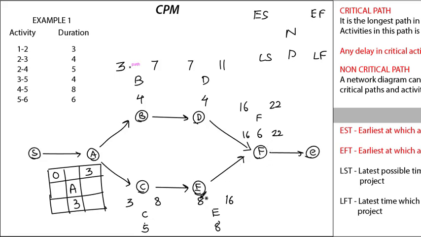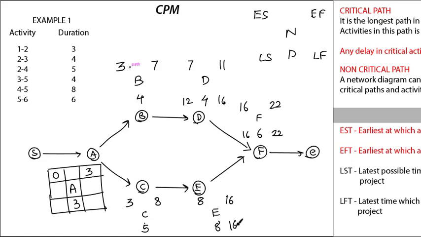Similarly coming back towards D and E, try to figure it out by yourself. The latest finish for D will be 16, so 16 minus 4 gives me 12. So LS for D is 12.